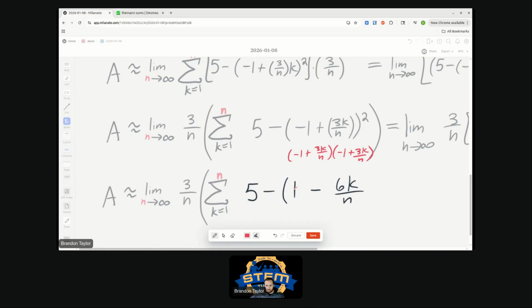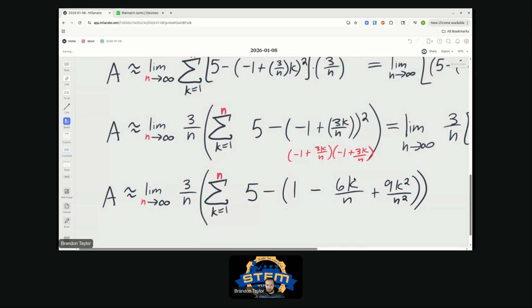So -1 times -1 is +1. Then -3k over n plus -3k over n, that's -6k over n. And then here we multiply these, that'll be plus 9k squared over n squared.